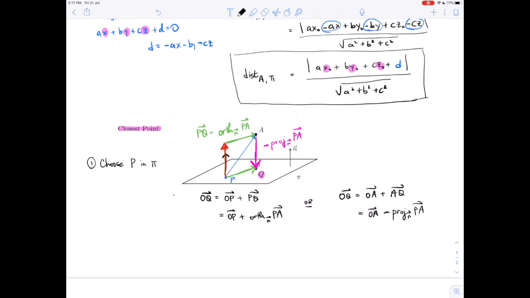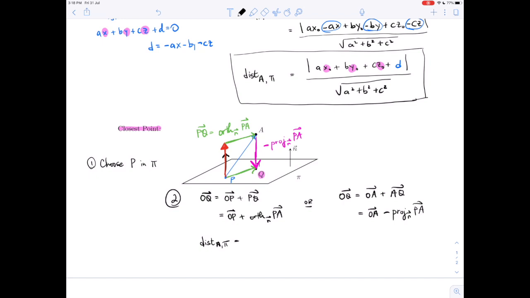And then the second thing you need to do is either use the orthogonal or the projection to find the coordinates of Q. And then obviously, if you have the point Q already from some other calculation or what have you, you can find the distance from point A to the plane pi.